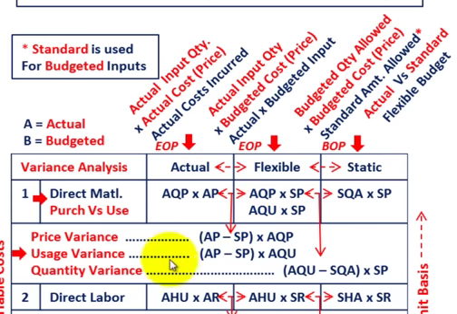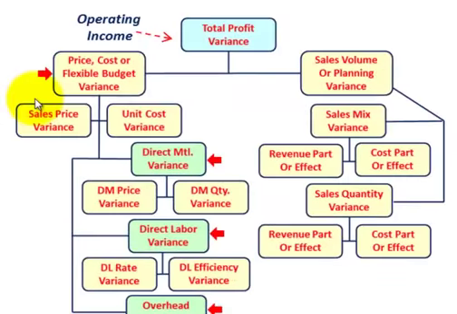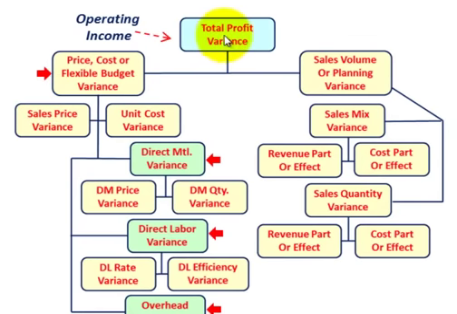Those are our three variances that we're going to go over and try to understand through some T accounts. Before we do that, let's move over here and understand our hierarchy for these variances. We have the total profit variance, which would be under our operating income. Under that we have our price, cost, or flexible budget variances.